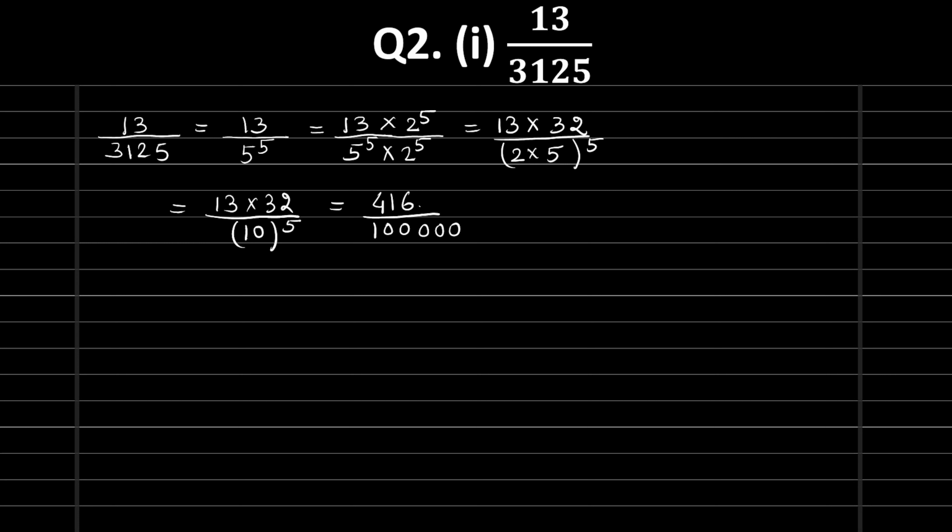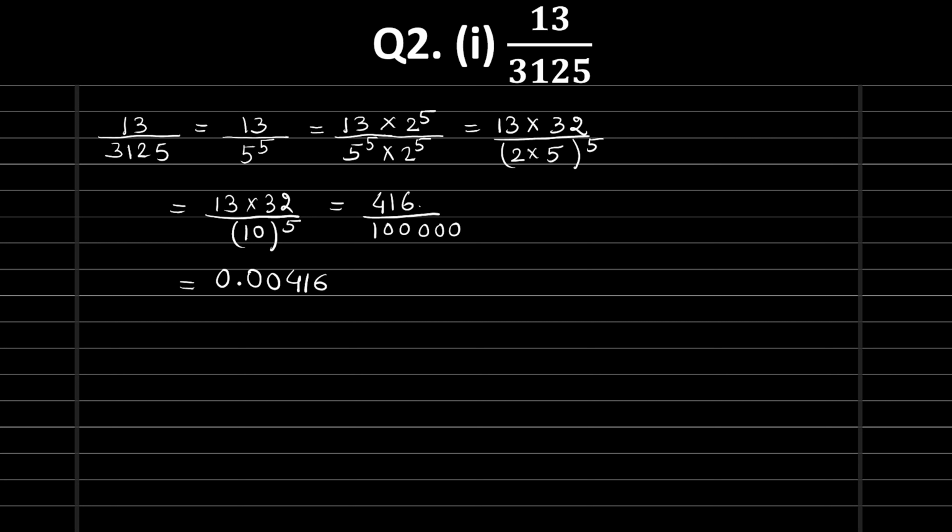So we have 416 and we shift the decimal point 5 places towards the left, and then put the decimal point and 0s. So 416 divided by 1 lakh will give us 0.00416.